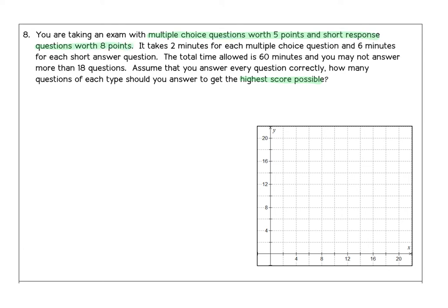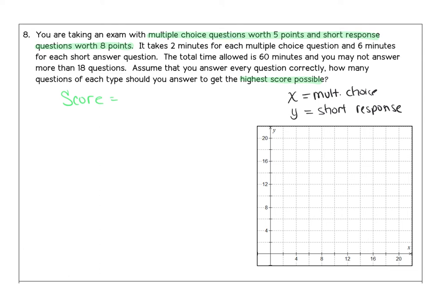So what are my two variables that I don't know? Well, I do not know how many multiple choice problems, and I do not know how many short response problems to answer. All right? And so if I were to write a profit, quote unquote, equation, it would be based on a score. That is what I am trying to maximize here.